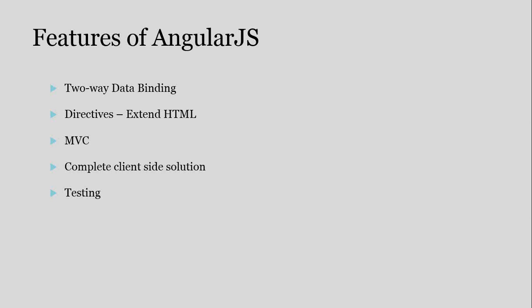And extended HTML, the template engine, the directives are very helpful. Whatever common operations you want to do will be available there. You will be creating new HTML tags. And as I said, it has an MVC framework in the backend, and it also helps in testing.